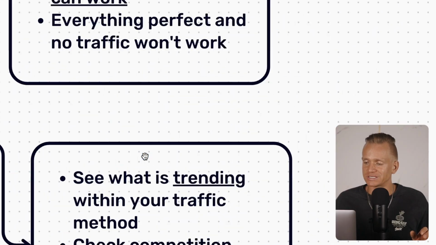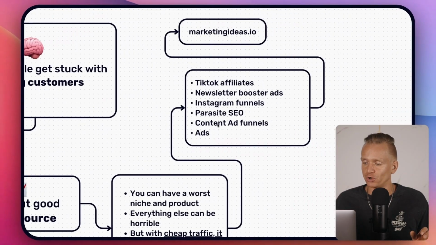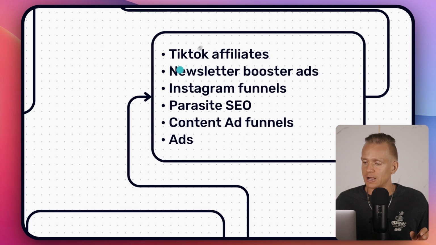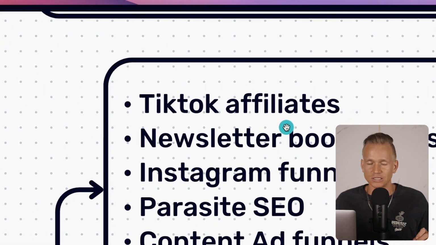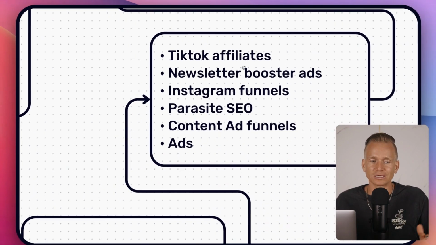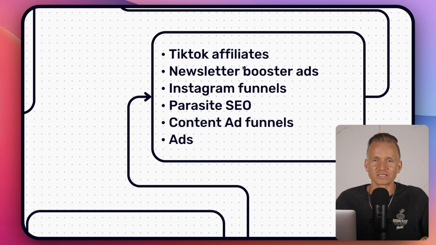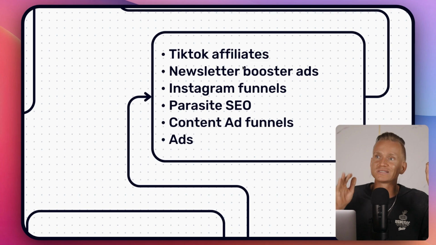So for example, let's say that you chose something like TikTok affiliates. You go on TikTok and you see, okay, what are some of the niches, some of the products that are trending, that seem to be working really well amongst affiliates.